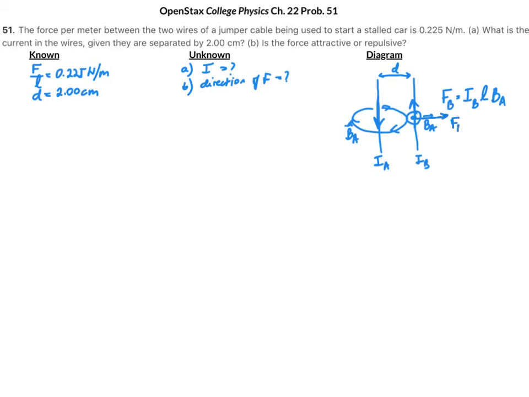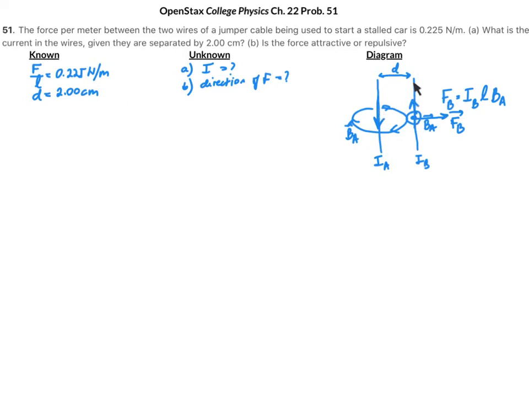So this is our F sub B. Wire B also produces a magnetic field circling around the wire, so the magnetic field at wire A due to wire B is also out.